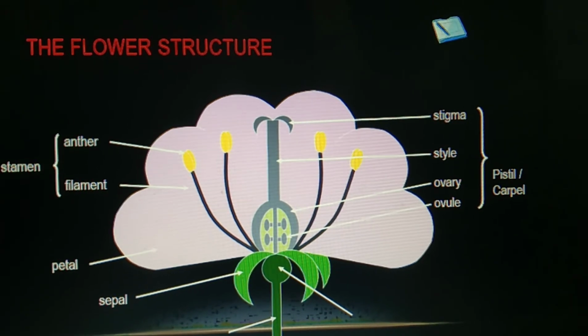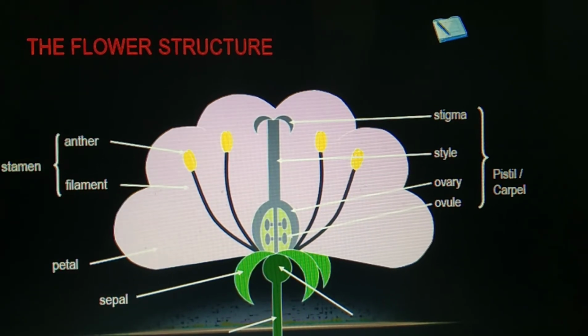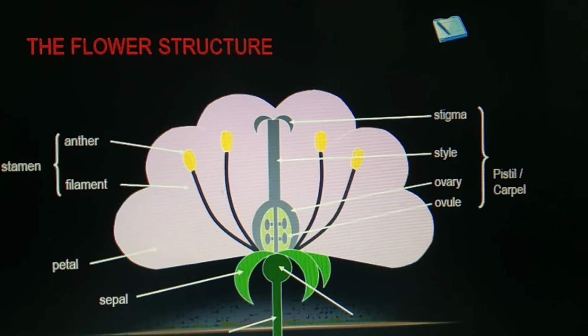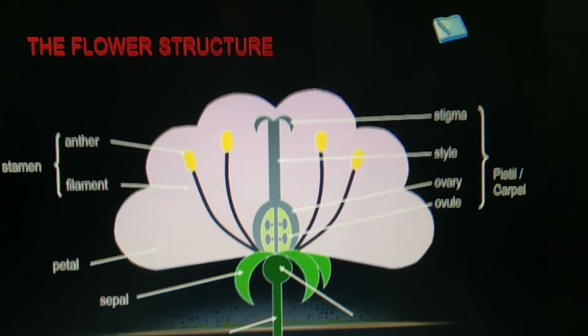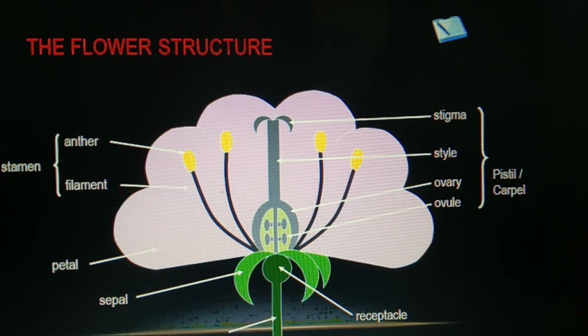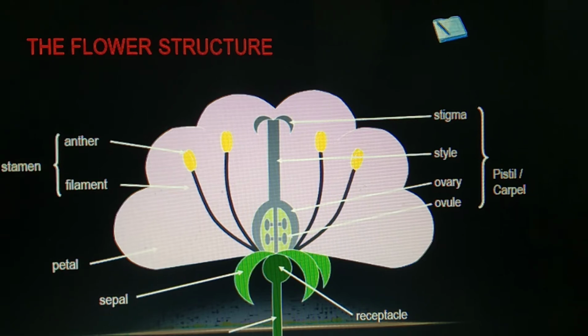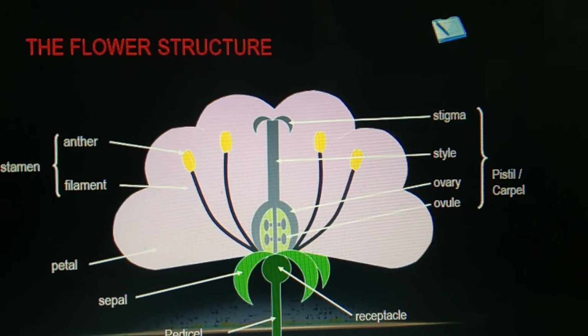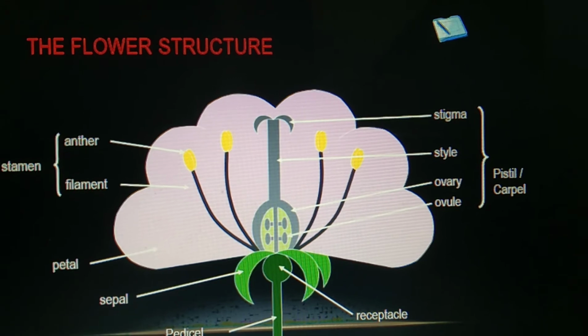While sepals are modified leaves, a group of sepals is called calyx. It protects and supports the bottom of a flower. The receptacle. The receptacle is the axis or stem to which the floral organs are attached. It bears the flower or the group of flowers. The pedicel is a small stalk bearing the individual flower.